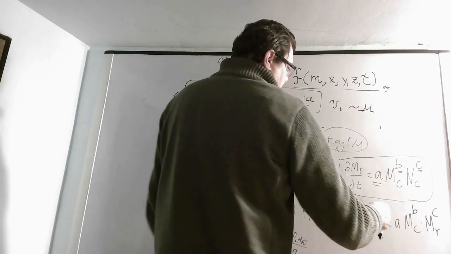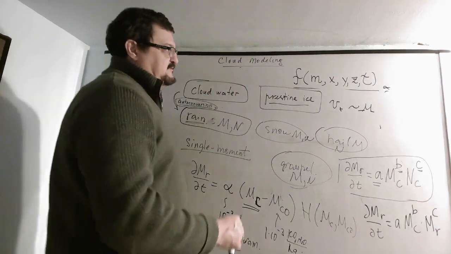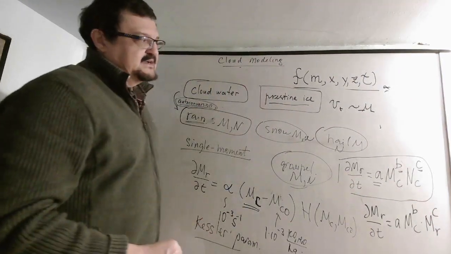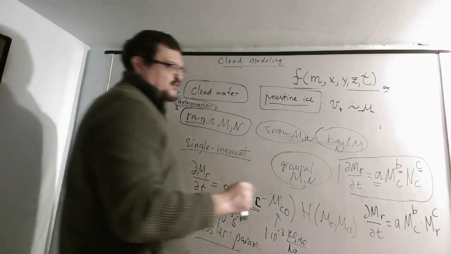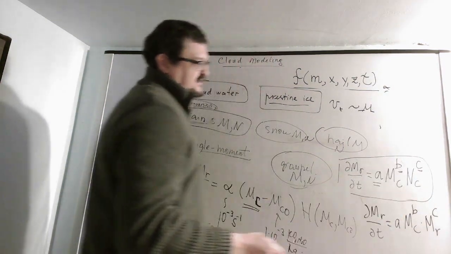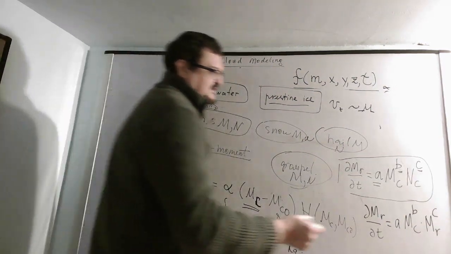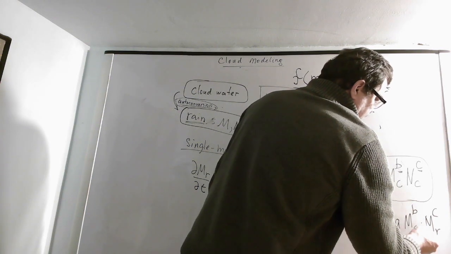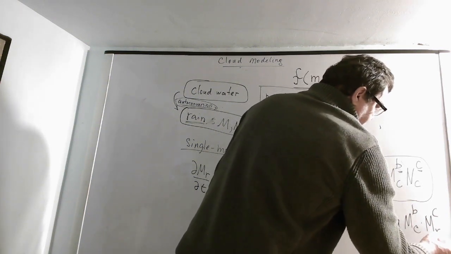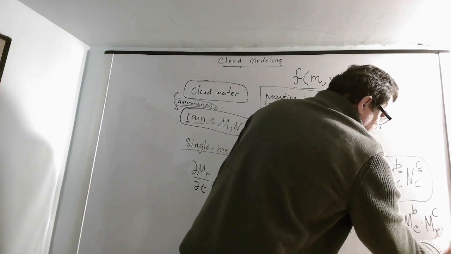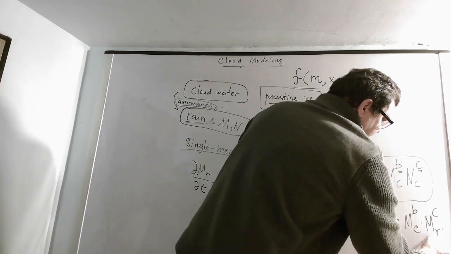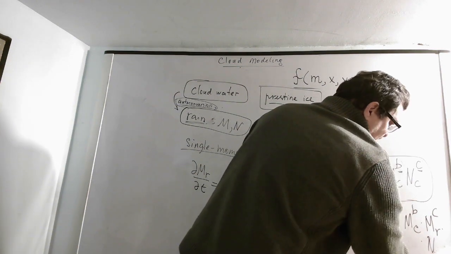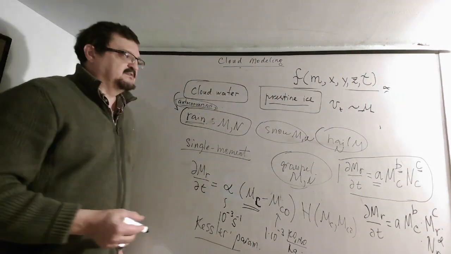So you can find these coefficients by assuming particular distribution functions both for cloud water and for rain. And maybe it can also be times your concentration of rain, if you have one, to some power D. You can add that process too if you want.